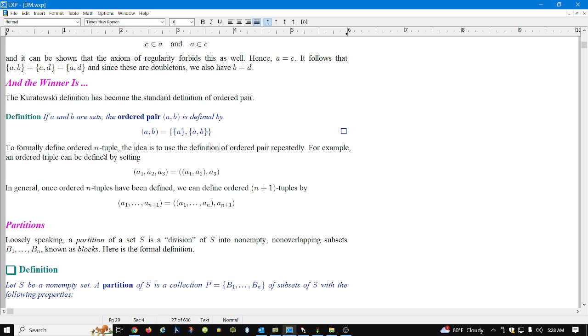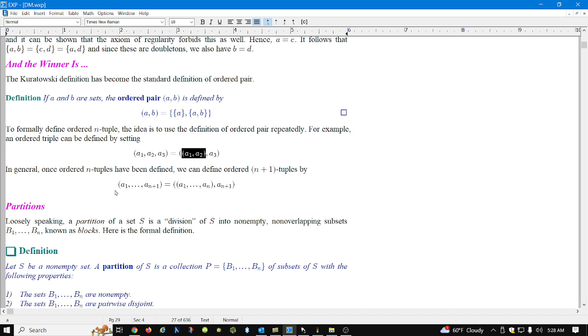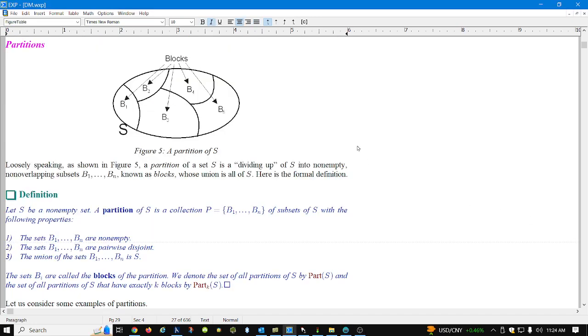And it can be used to extend the definition to ordered n-tuples in general. An ordered triple is an ordered pair where the first component is also an ordered pair. And you can do the same thing more generally. The final topic in this chapter is that of partitions of a set.